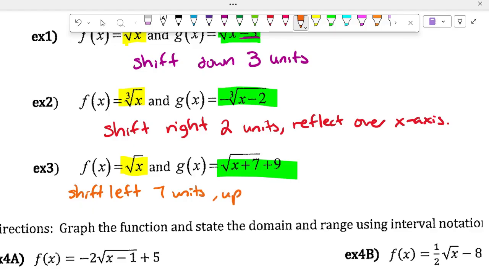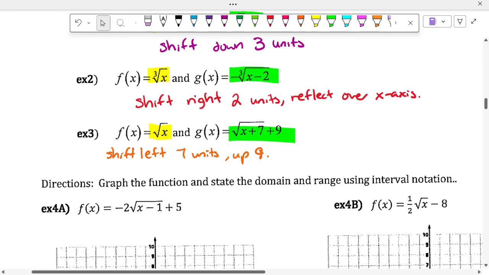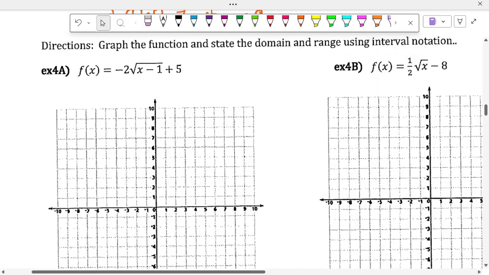Up 9. So guys, what that means is that if you're just doing shifts, so if your functions look like that, where you're just reflecting, that's how you can graph it. If you know what the parent function looks like, that's how you can graph it fairly easily. Now, it's when you start throwing in dilations that it gets a wee bit dicey.